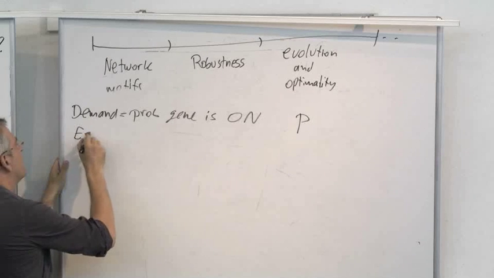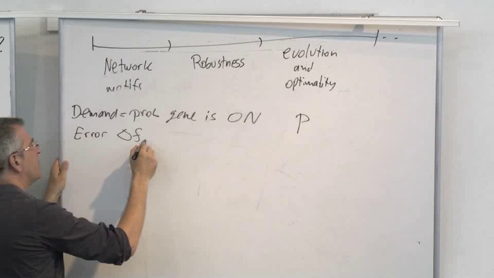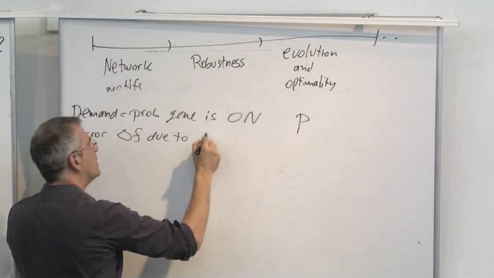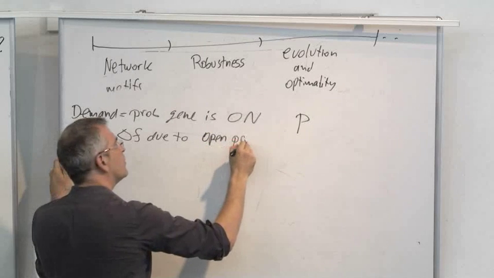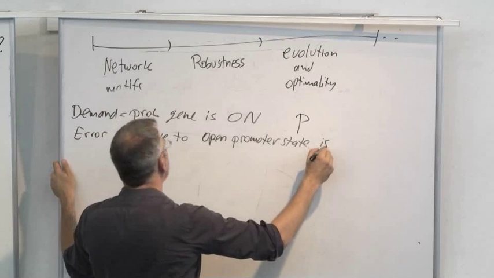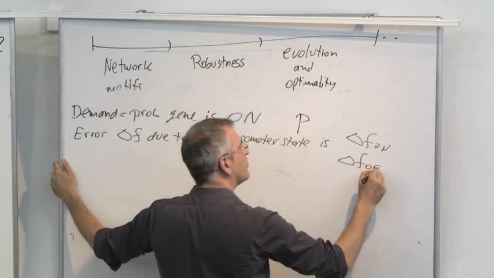The error, delta F, due to the open promoter state, like the unbound promoter state, is delta F on and delta F off. What do I mean by that?